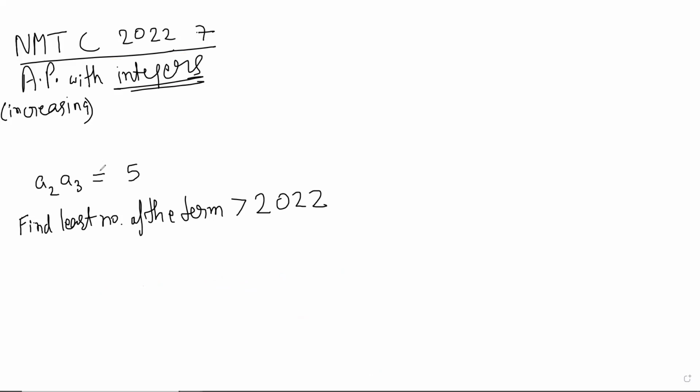A equals 1 and D equals 4, which we took. Another is A equals -5 and D equals 4. And another is A equals -1 and D equals -4. If you take the other two cases, it will take longer to exceed 2022 because A is a negative number.